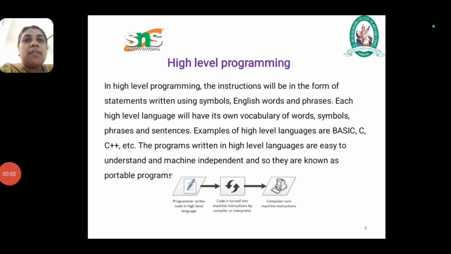So in this program we use high level programming and the basics of C++. Programs written in high level languages are easy to understand. Everyone should understand how the program is written, read and erased.